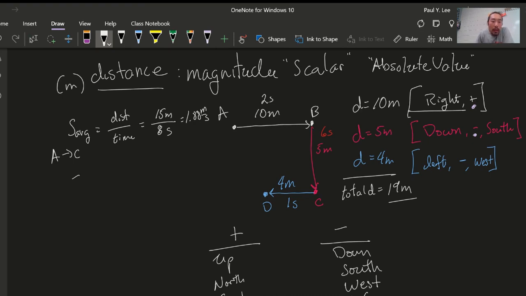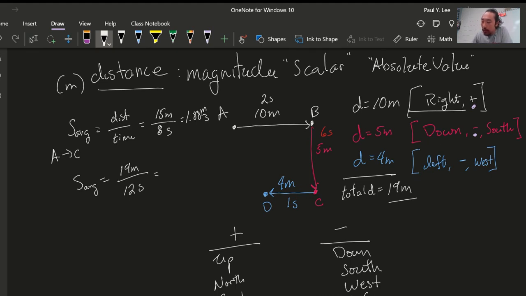But let's say we wanted the average speed for the entire trip. The total distance, what did we say, 19 meters, divided by the total time, so that's 2, 8, 12 seconds. So that will be 19 divided by 12.